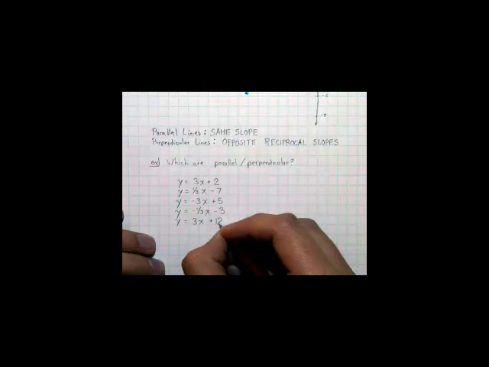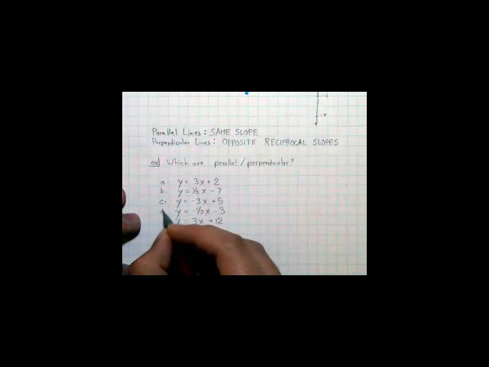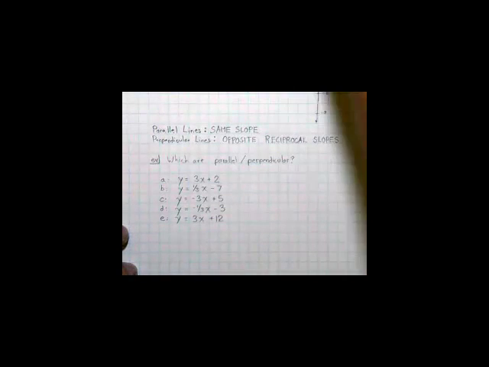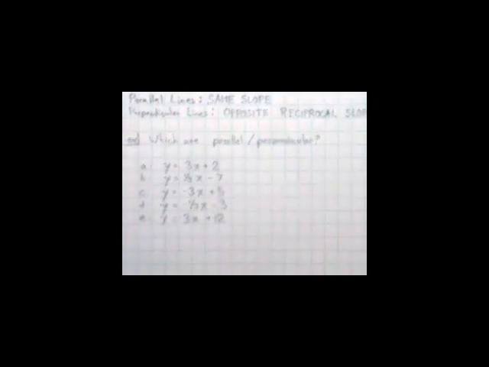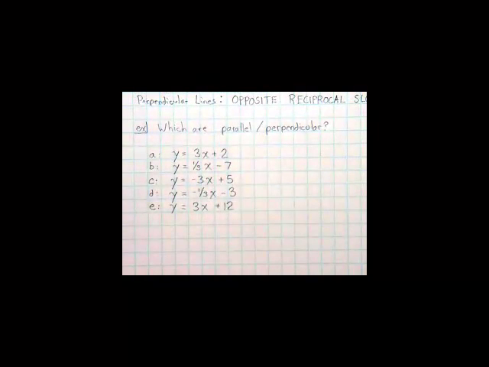Let's make that a 12. Okay, so we'll say this is A, this is B, this is C, this is D, this is E. All right, so I got 5 equations there. I'll zoom that in just a little bit so we can see those better. So got line A, line B, line C, line D, and line E. And which ones are parallel, which ones are perpendicular? So let's try and get some people who haven't spoken yet today.